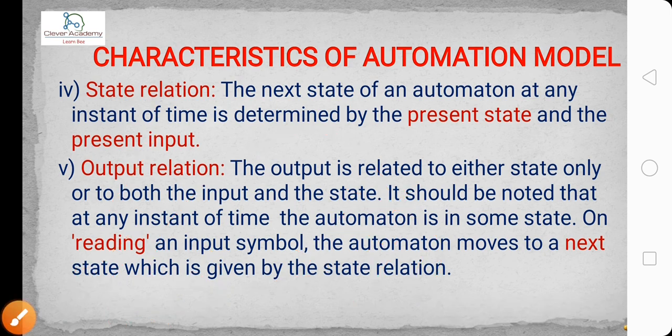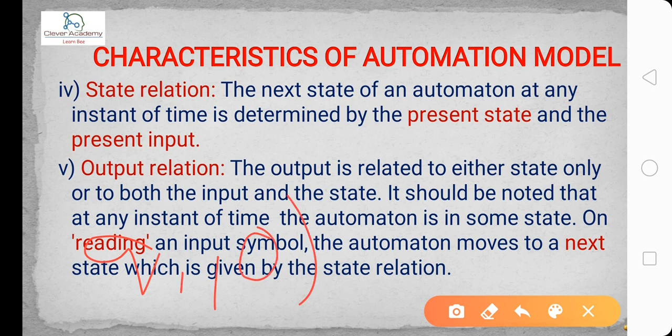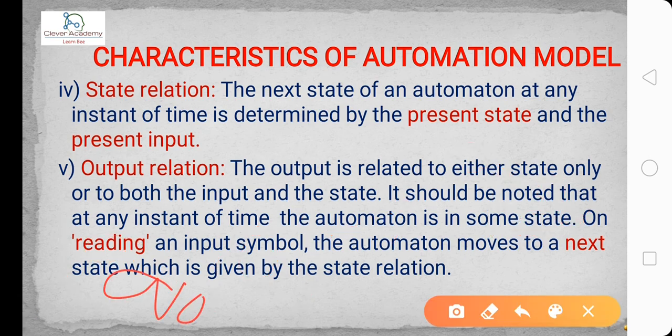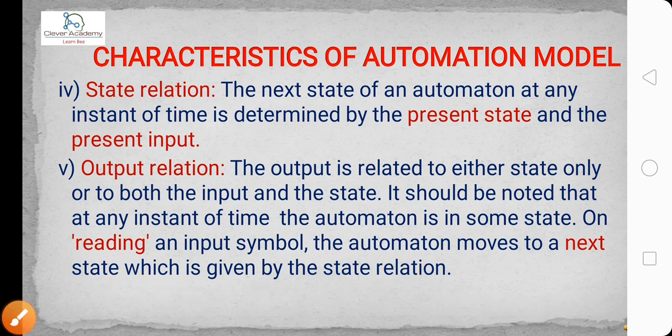In the same way, you are having q1 and 0, I'm moving to another state called q2. In the same way, q0 on 0, I'm going to the self q0 only. So like this, you can identify the properties of the automation model.